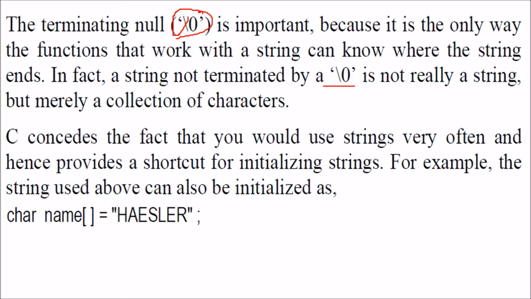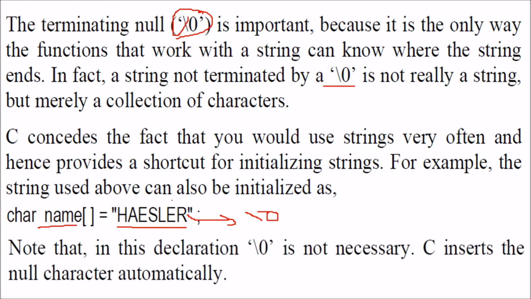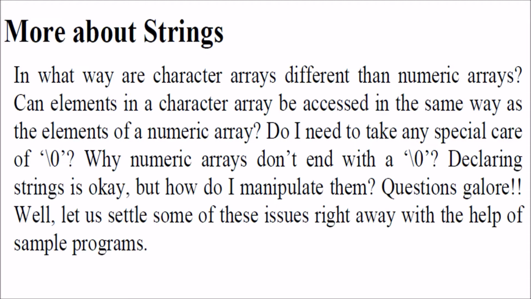How? If we initialize a character array like this, you just have to write this. How is it concealing? Because there is always a \0 which C puts here. This is not necessary here, but C will automatically insert a \0 here. So \0 becomes very important.